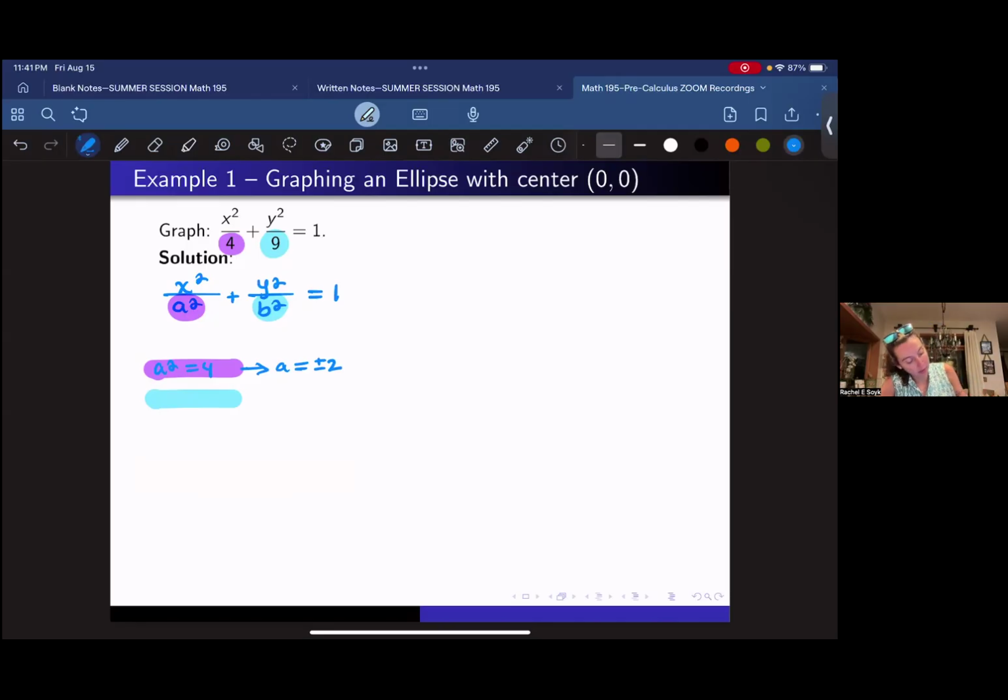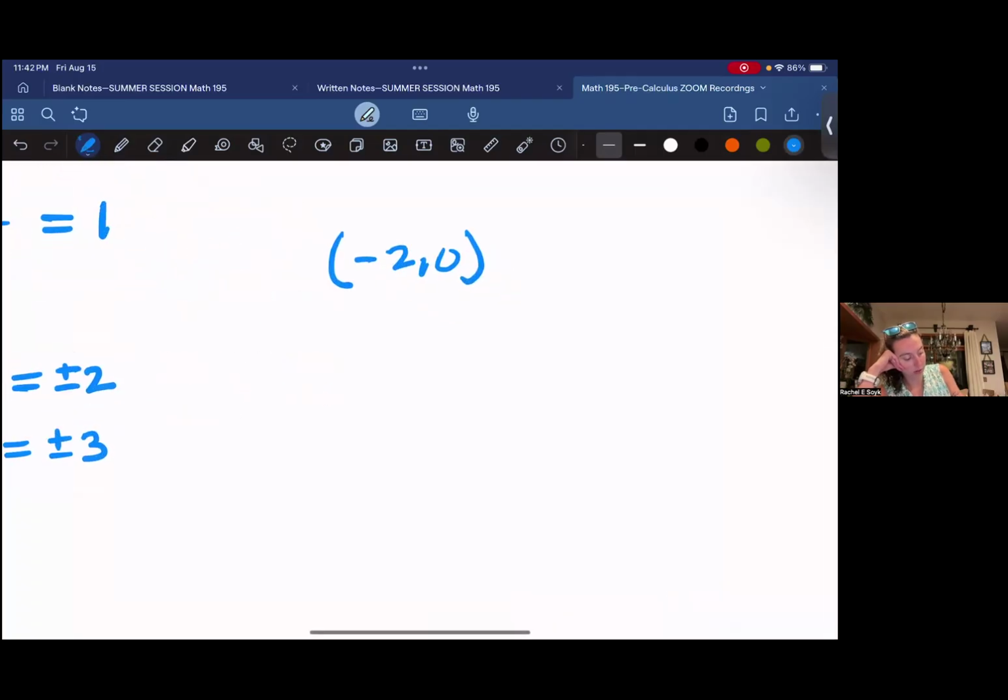And then our b squared is equal to 9, which tells us that our b is equal to plus or minus 3. And so now we can easily identify our x and our y-intercepts.